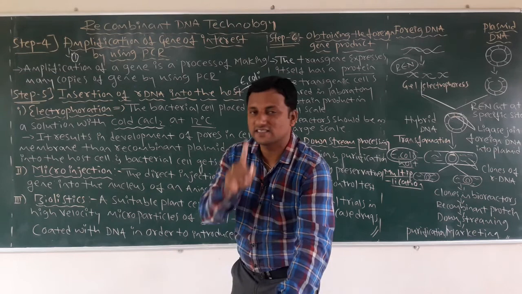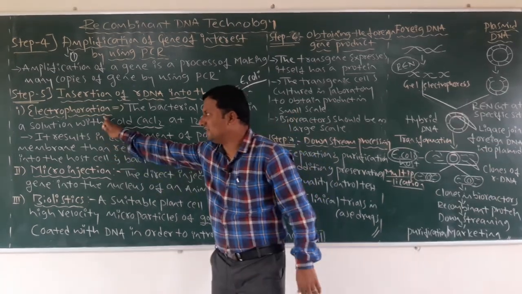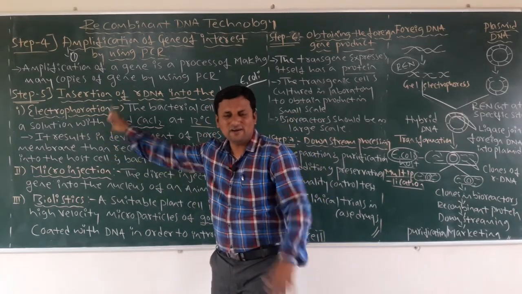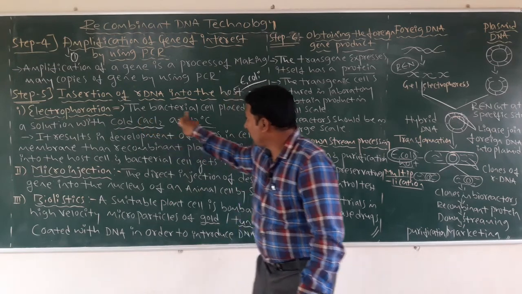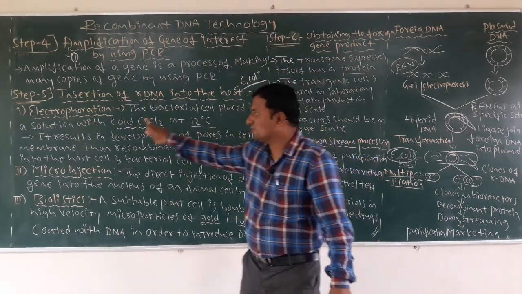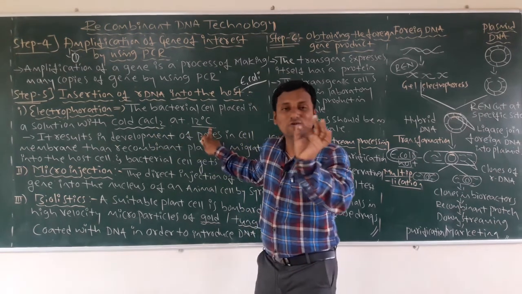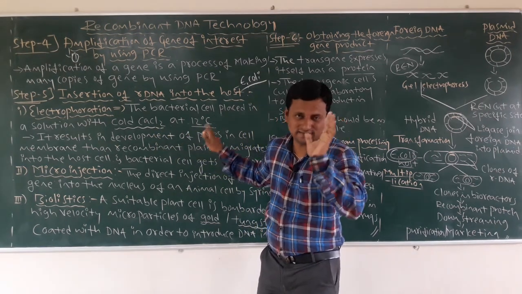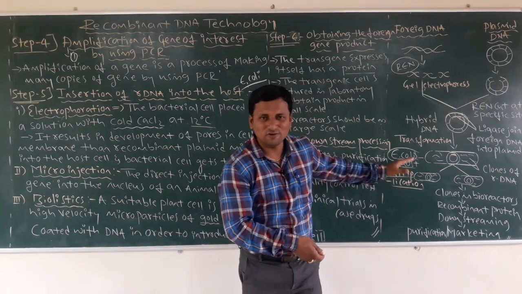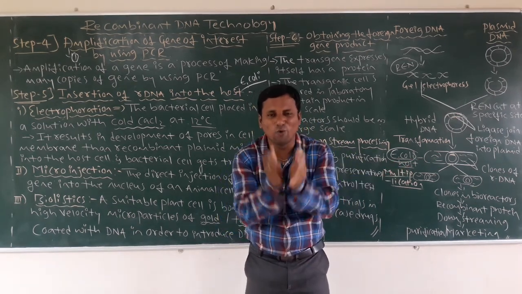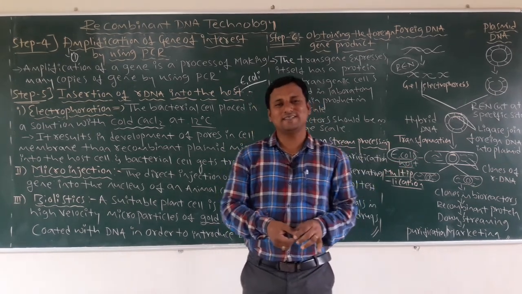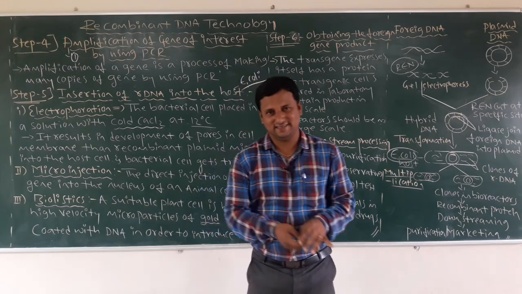Let us start with the first method, electroporation. What are we using here? The bacterial cell is placed in a solution with cold calcium chloride at 12 degrees Celsius. Just think, you are going to take one host. That host is E. coli bacteria.